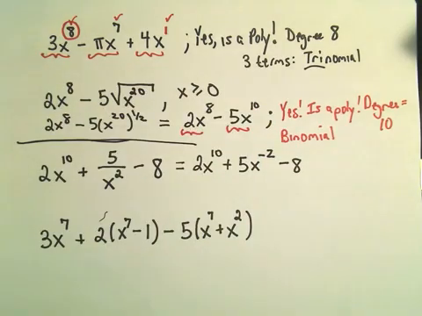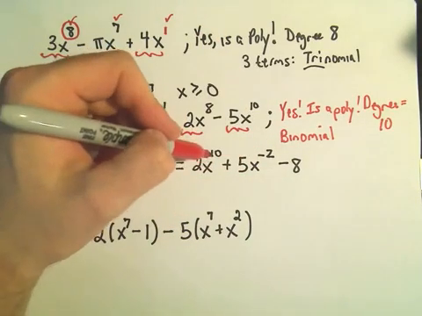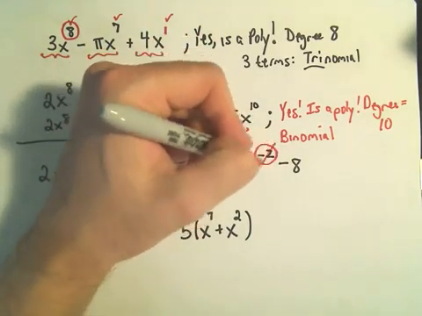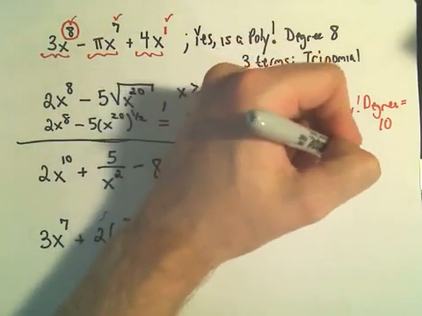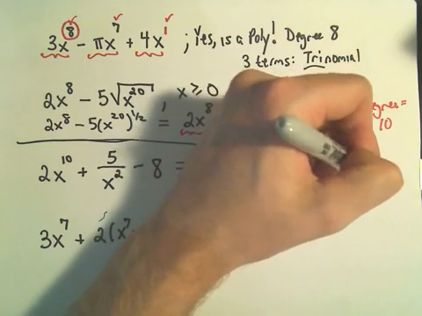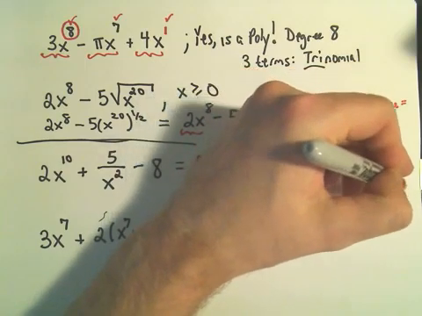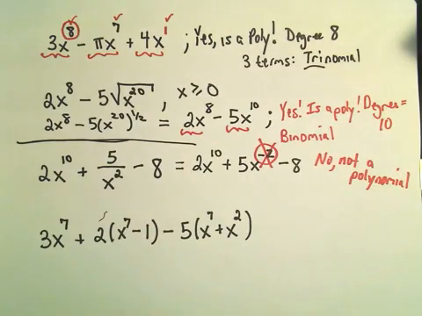But now, again, the exponents have to be positive whole numbers. The x to the 10th is fine, but this negative 2 is messing things up. So we would say, no, this is not a polynomial. And if it's not a polynomial, we don't talk about degree or any of that. When we talk about degree, it's understood that we're talking about polynomials.